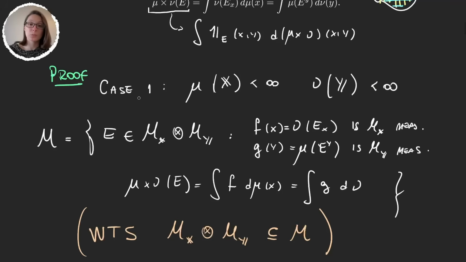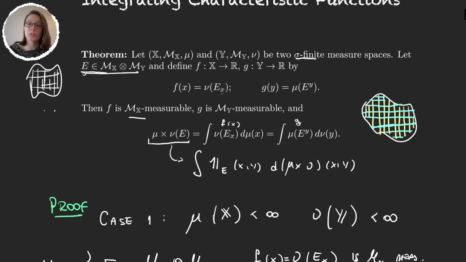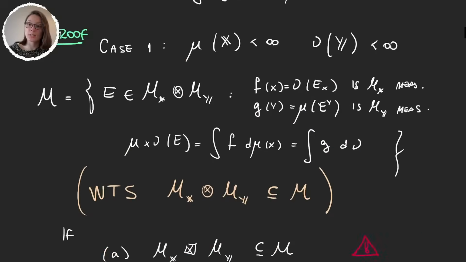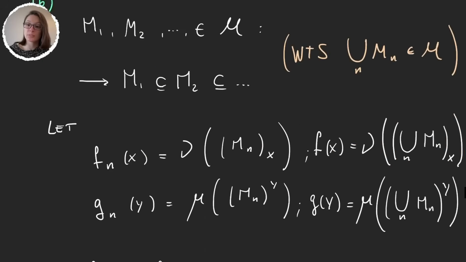Now all of this works when mu and nu are finite measures. If we go to our theorem, the theorem says that this holds in more generality. It holds for sigma-finite measures. So now let's do the second case, which will finish our proof.